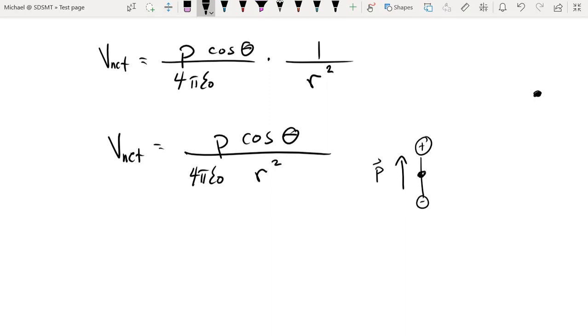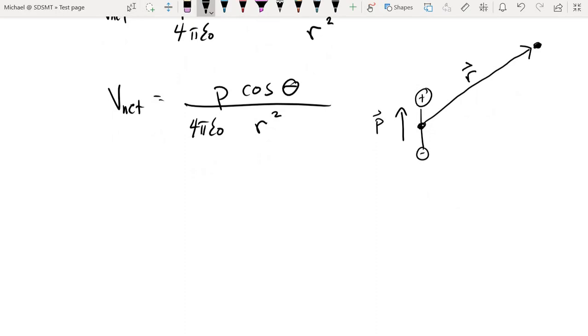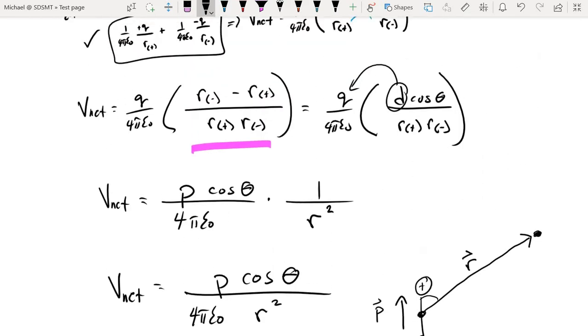But there's a second vector in this expression, which is the vector R, that tells us how we're going to measure from the midpoint of the dipole out to the point in space where we want to measure the potential. And if we put these two vectors together, P and R, well, what's the angle between them?